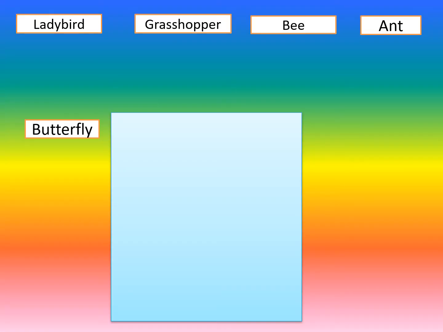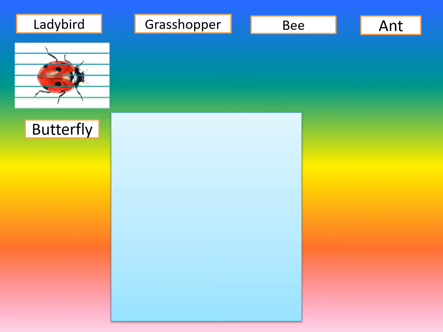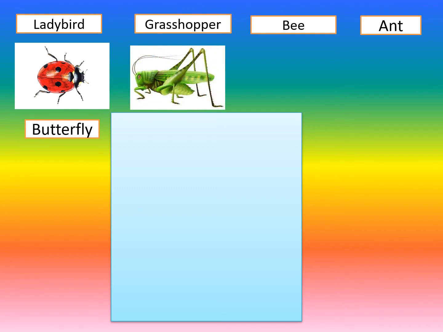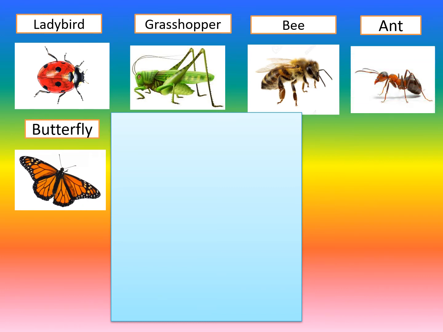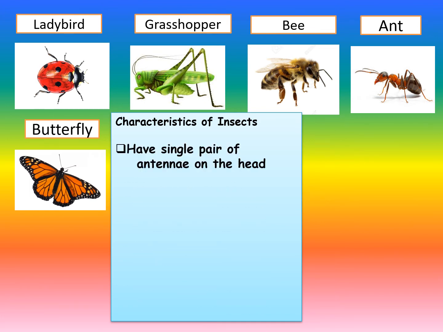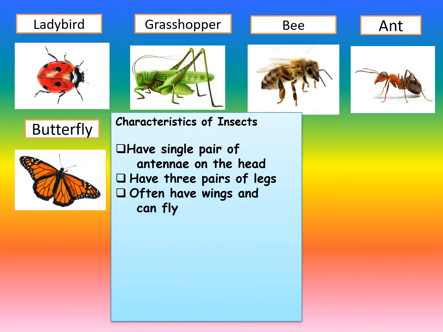Now, let us see how we're going to use the identification key to identify the different animals. I have here different insects: ladybird, grasshopper, bee, butterfly, and an ant. What are the different characteristics of insects? They have a single pair of antennae on the head, have 3 pairs of legs, often have wings and can fly.